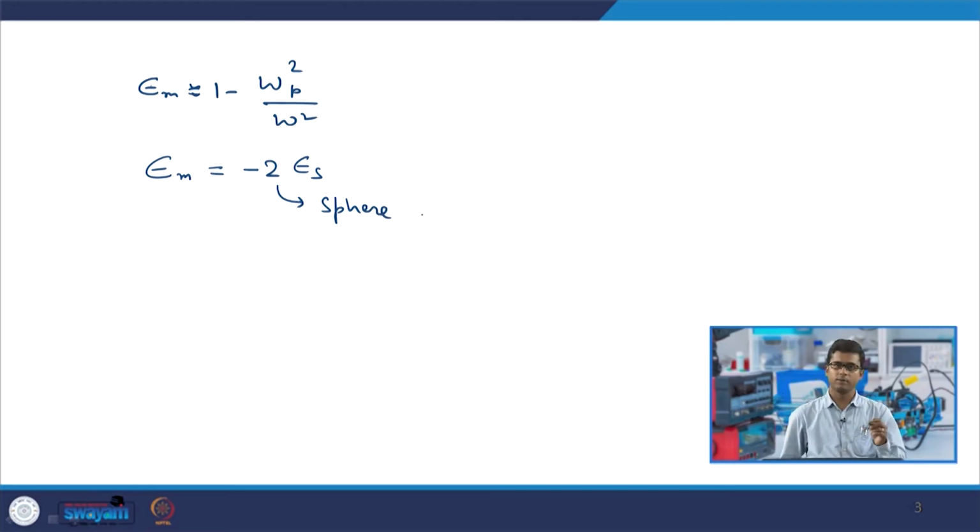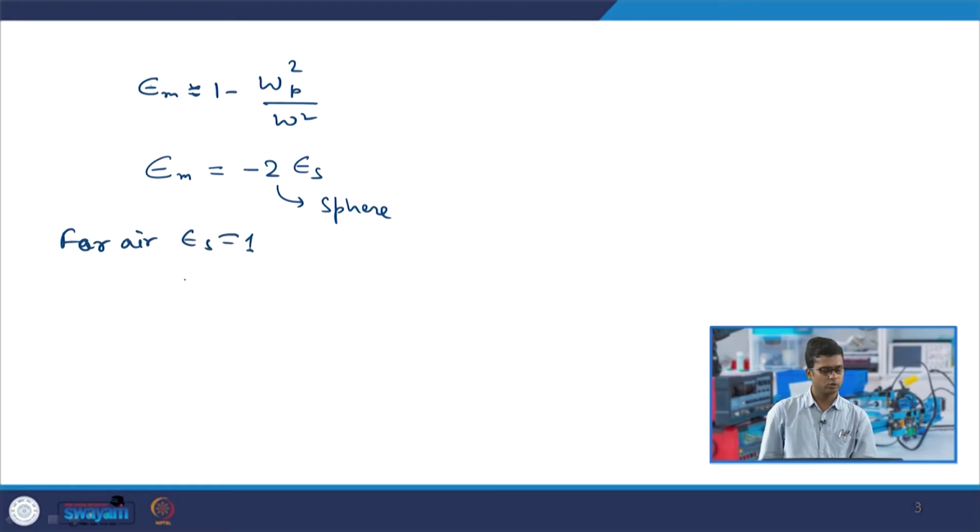For other shapes it will be different. So, for air epsilon s is equal to 1, so epsilon m is equal to minus 2. So, let us put here minus 2 is equal to 1 minus omega p square by omega square.